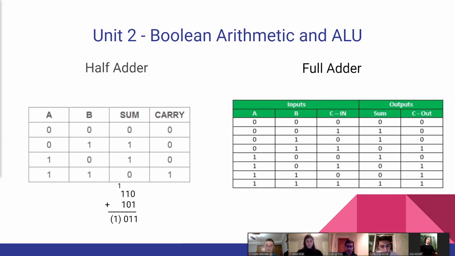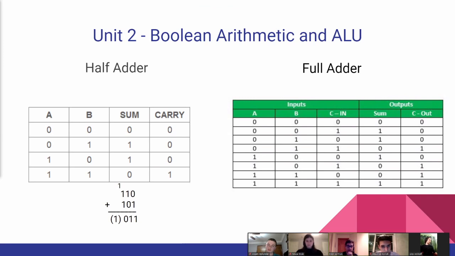You start on the right, and you do it the same way you would in decimal. 0 plus 1 is 1. 1 plus 0 is 1. 1 plus 1 would be 10 in binary. So you take the 0, and the leftover 1 is the carry bit. That's very important for the half adder and adders. You would have a carry bit.